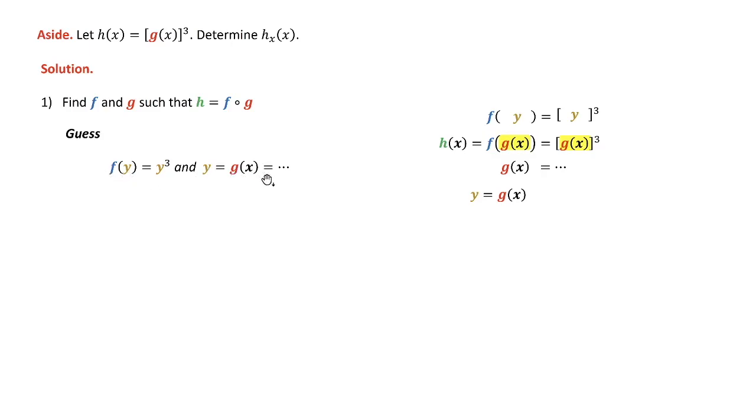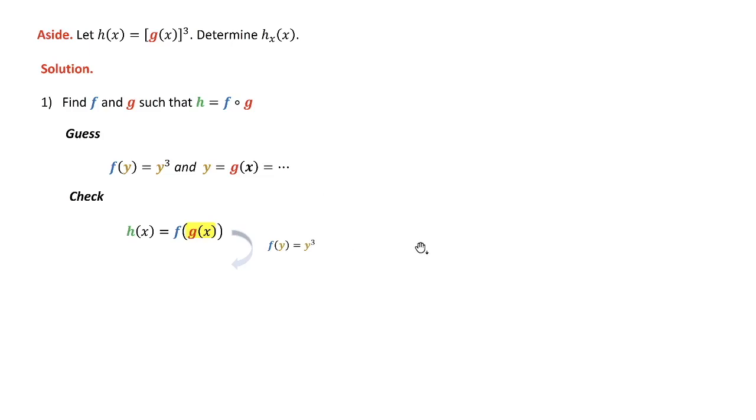So now I need their derivatives. It's not a bad idea to check that you didn't make any mistakes with your functions. So y is really a placeholder, it's a box. g of x is in that box, so I just plug it in, and you can see if I plug it in over here, I get the function. So my choice of f is correct. You can do that in your head, it's no big deal.